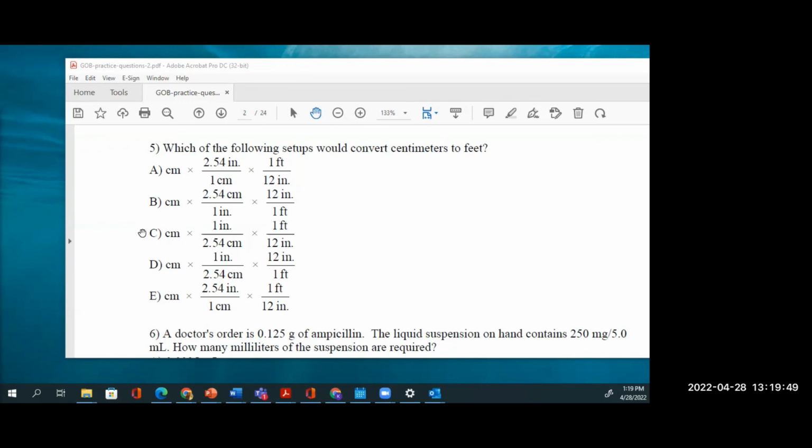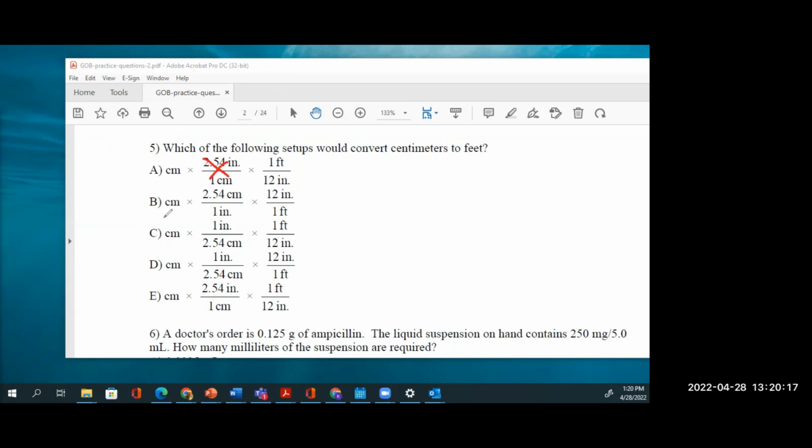Okay, why not? So these are inverted. So for every 1 inch, we know that that's 2.54 centimeters.